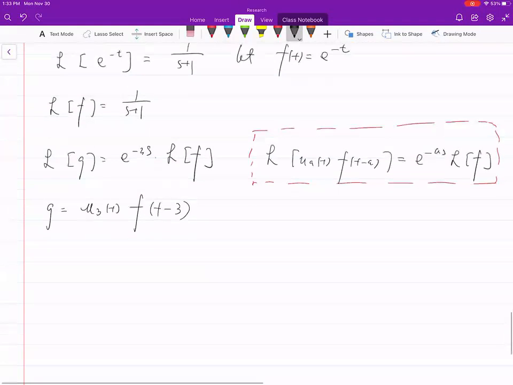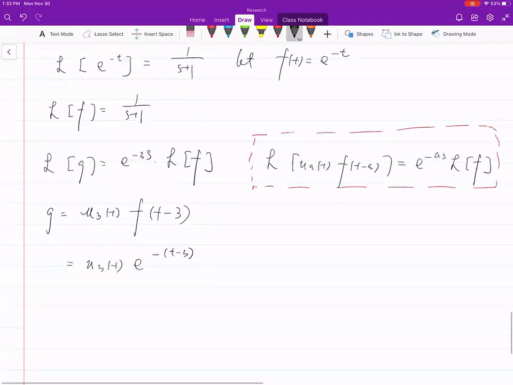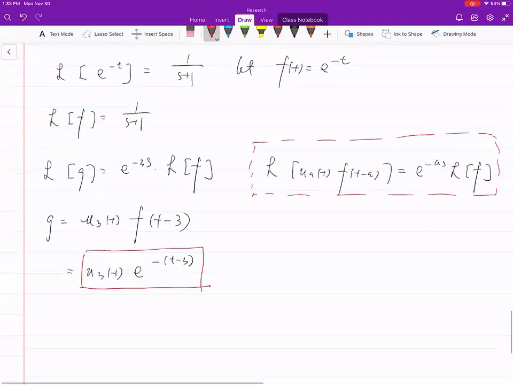Now u3, you already know what it is. ft minus 3 is going to be e to the negative t, but now, instead of t, you do t minus 3. This will be the function we're looking for, the last part.